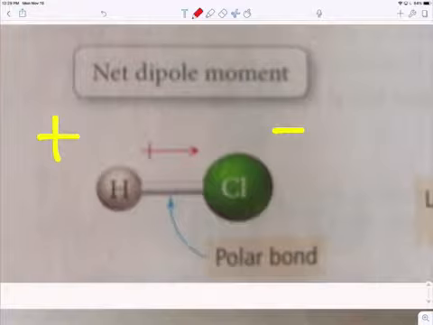So as it's drawn this way, there becomes a partial positive charge on this side of the molecule, a partial negative on this side of the molecule. And what do I mean by a partial? I mean less than 1.6 times 10 to the minus 19 coulombs. That's the charge of a proton or negative charge of an electron. So this partial charge is less than that of a proton or electron.